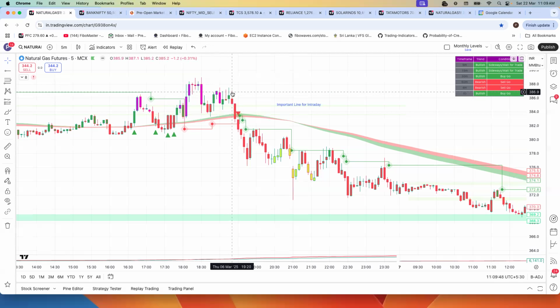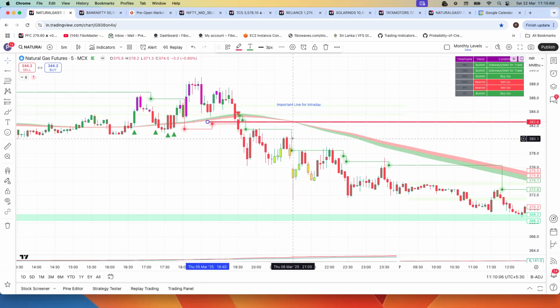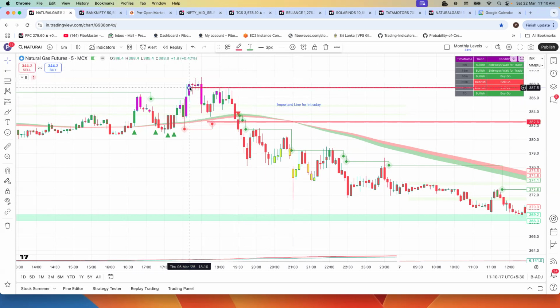Again, it went up. Again, it is forming a red color candle on the top. The green is on the top. So when the red color candle is forming, you can short at the bottom of the candle and have a stop on the green color candle.